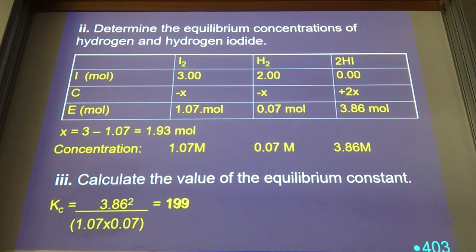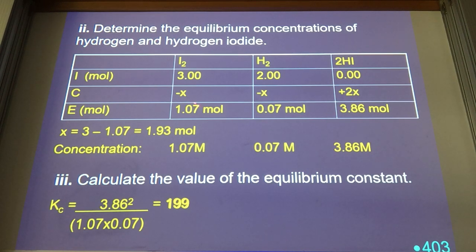What's iodine gone down by? 1.93 moles. So that means hydrogen's going to go down by 1.93 moles. And hydrogen iodide is going to go up by twice that, 2 times 1.93, or 3.86 moles.